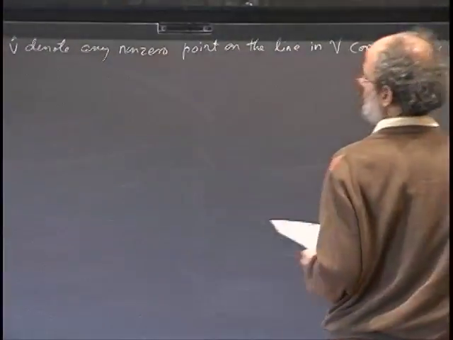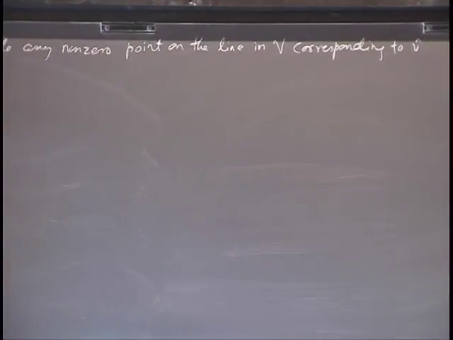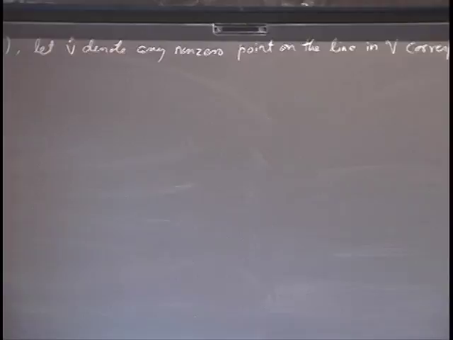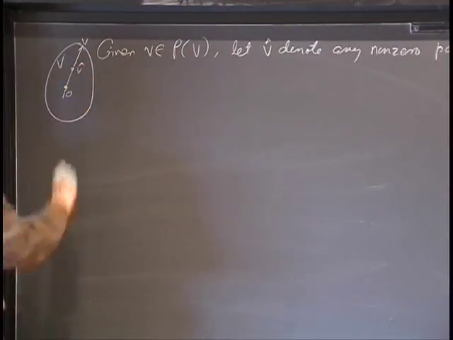So basically if this is V, through the origin take the line corresponding to V in the space P and take V hat to be any non-zero point on that.